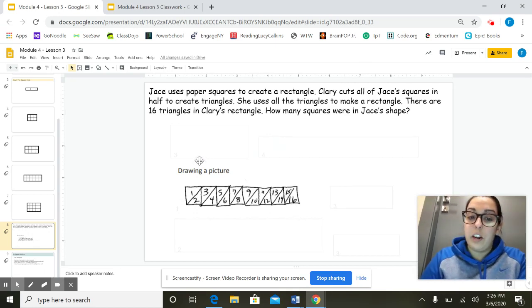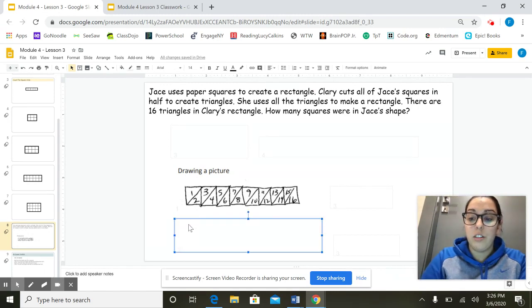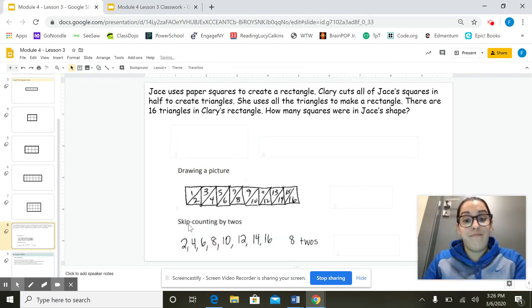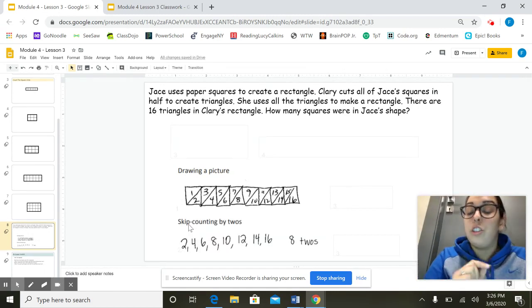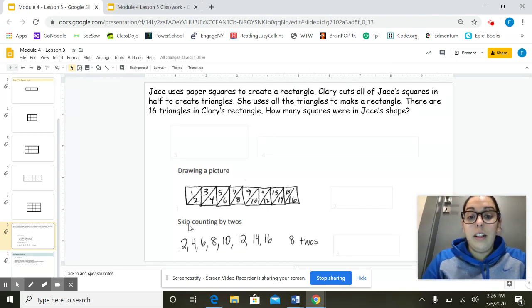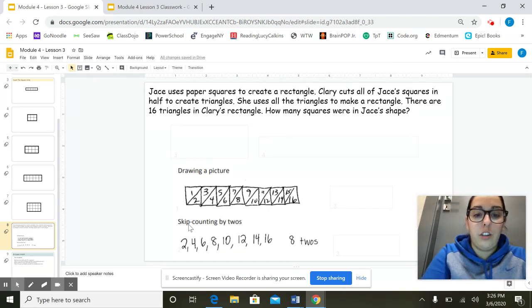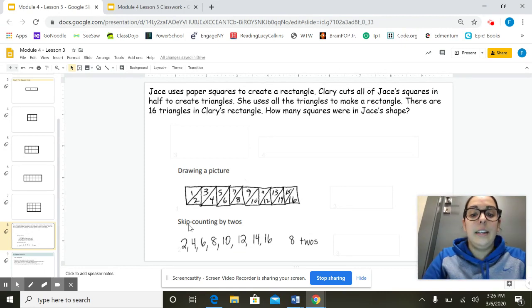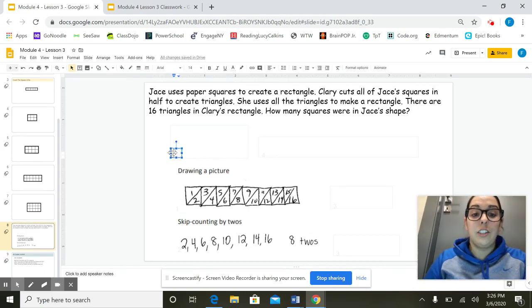Okay, that's one way to figure it out. We can also count by 2s, which we could do, right? If there are 2 triangles in each square, then we can just count by 2. We got 2, 4, 6, 8, 10, 12, 14, 16, which means that we have 8 2s, which means that we have 8 squares.